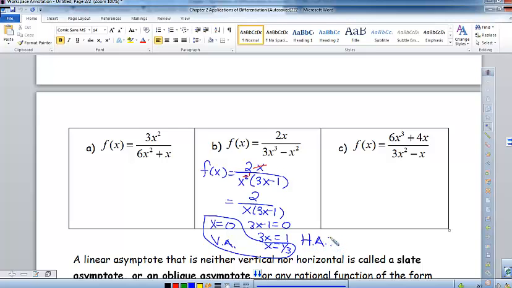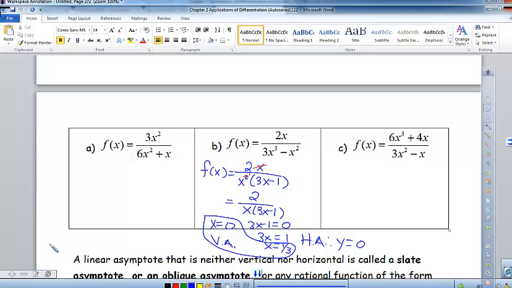Very good. Since the degree of the numerator is smaller than that of the denominator, we say the horizontal asymptote is at y equals 0. And you always have to check that in the original equation. Why don't you try C on your own?